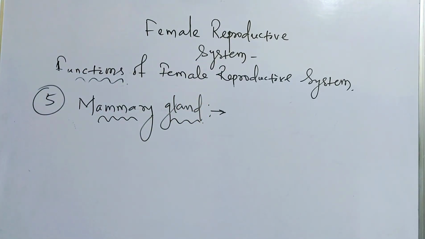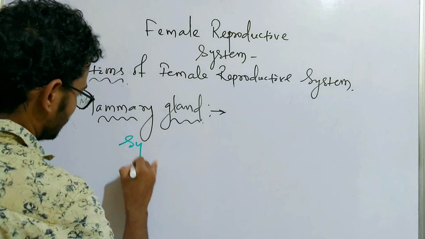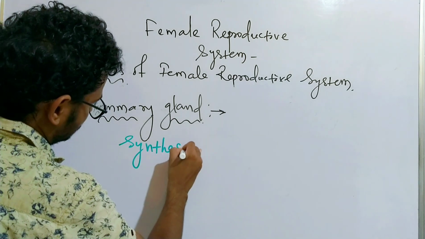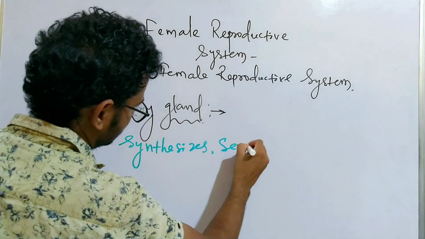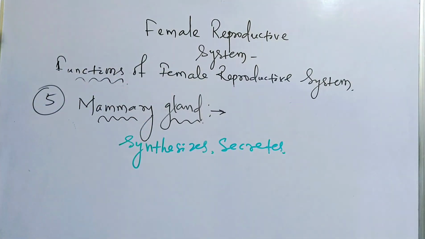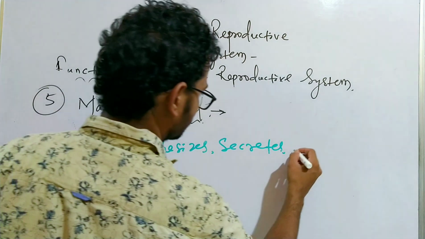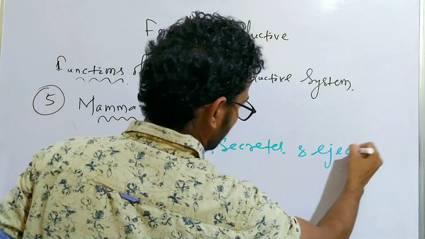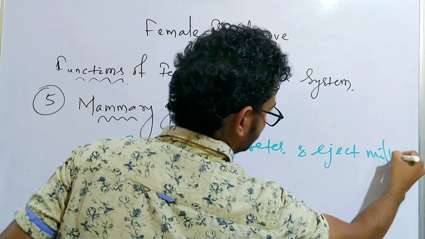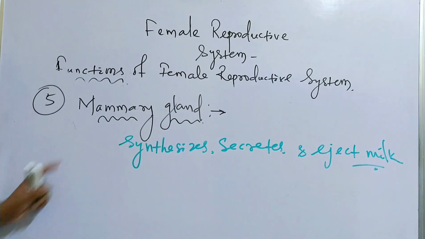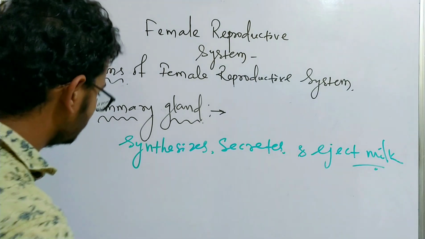Mammary glands synthesize, secrete and eject milk. Why is this milk synthesized, secreted and ejected from the mammary gland?